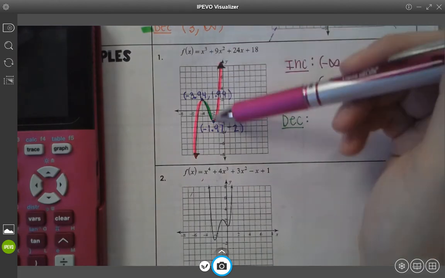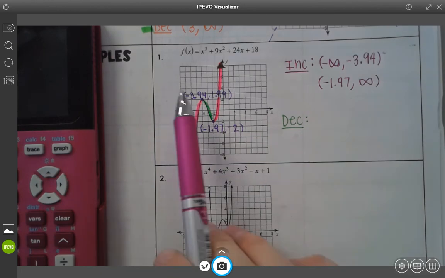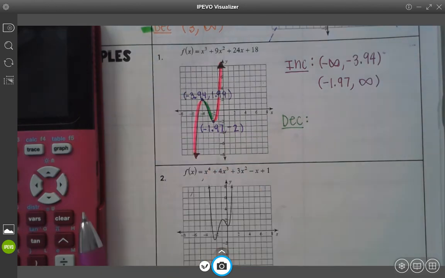If I draw a line down the middle of the graph, it's the right side of the graph. And don't get confused and say that it's positive infinity because it's pointing up. Be careful, because it could still point up on the left side. If it's pointing up on the left side, it would be negative infinity still. So increasing, decreasing is thinking about left and right.